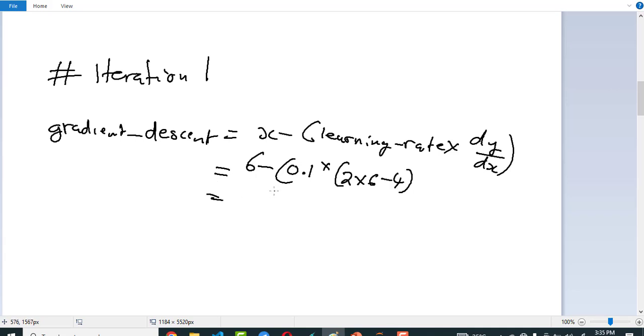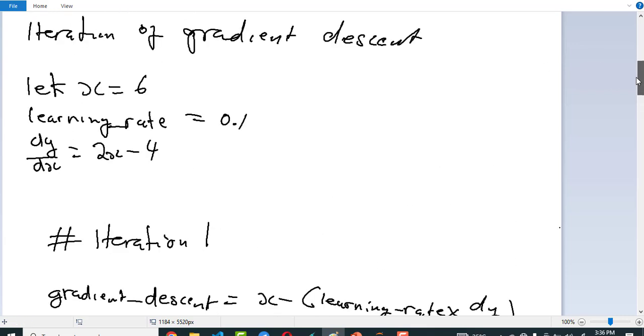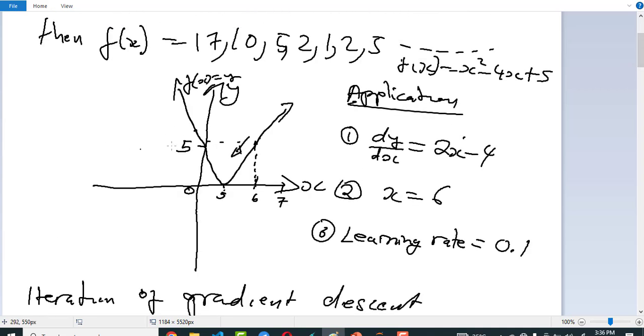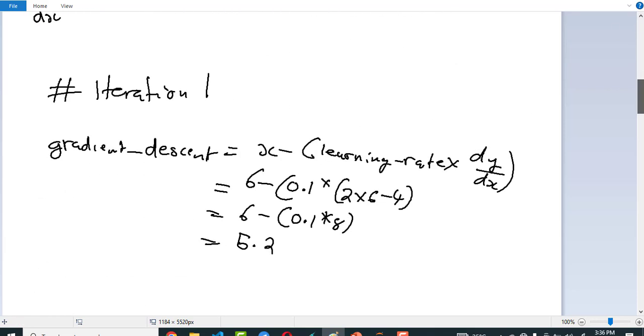After computing, we get 6 minus 0.1 times 8, which is 5.2. That's our first iteration. So in our gradient descent we are moving from 6 to 5.2.